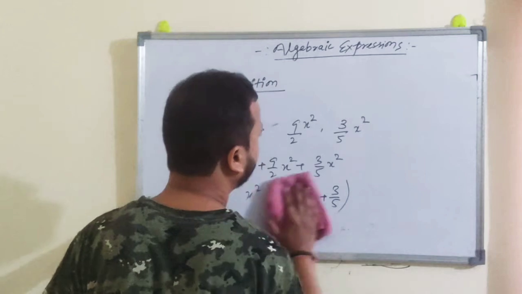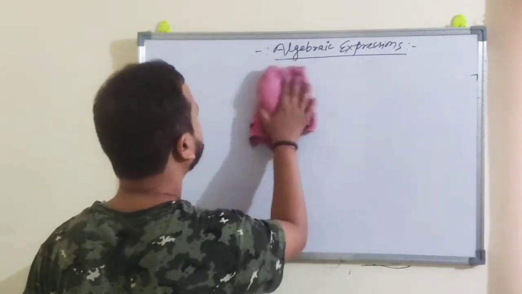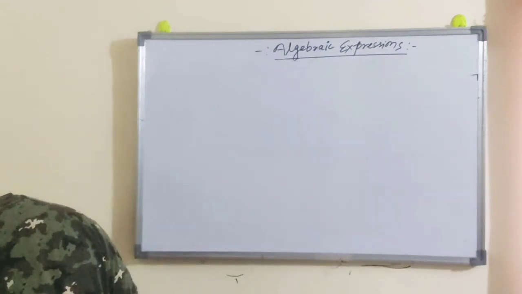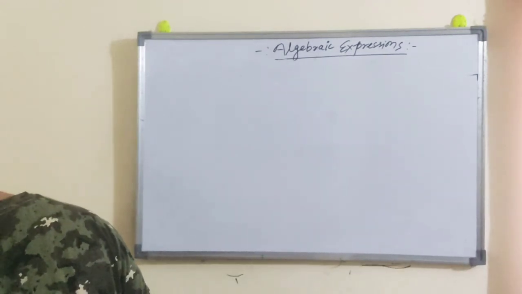Suppose this is the monomial. Now I am going to take the polynomial. I am going to take an example from your book.